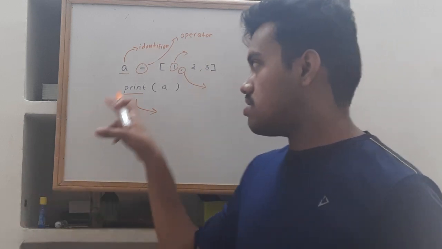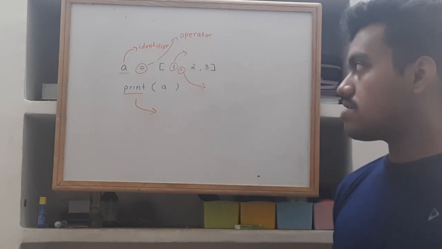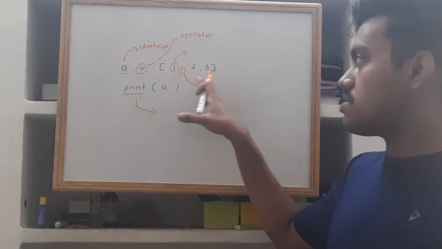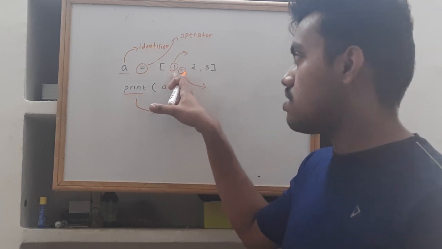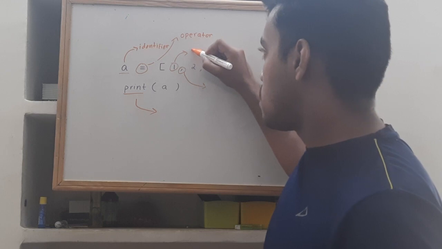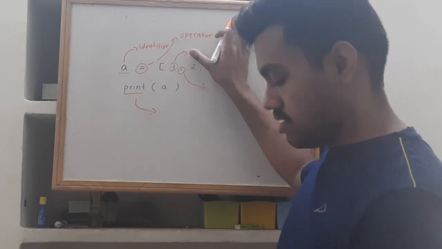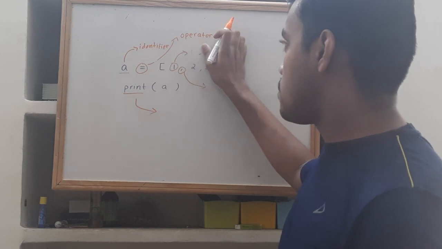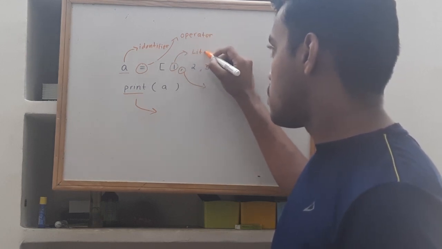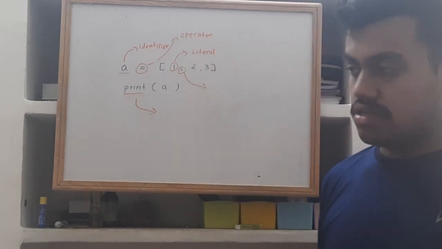Now, list is a data type that stores a bunch of values, and here the values are 1, 2 and 3. So 1 here is a value, and each value is called a literal.